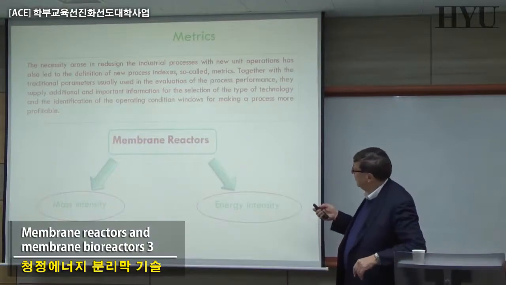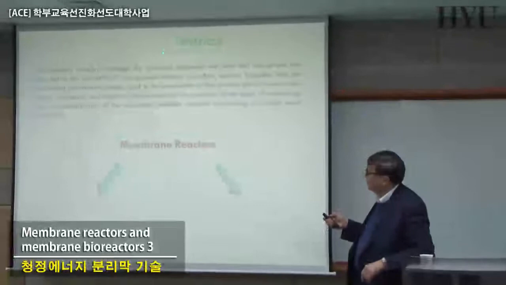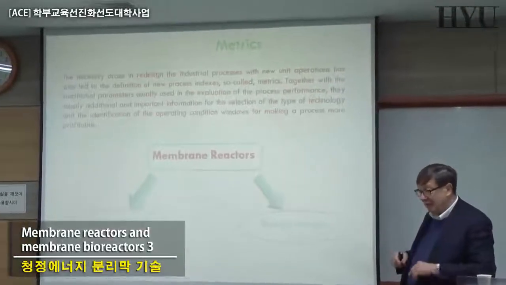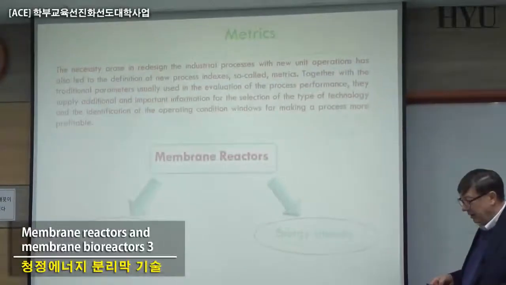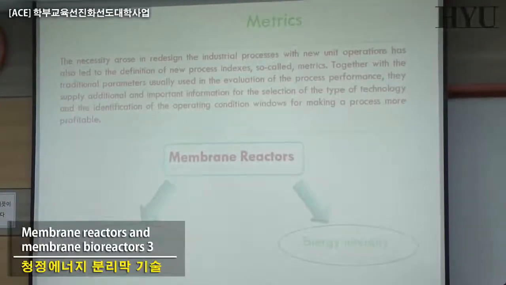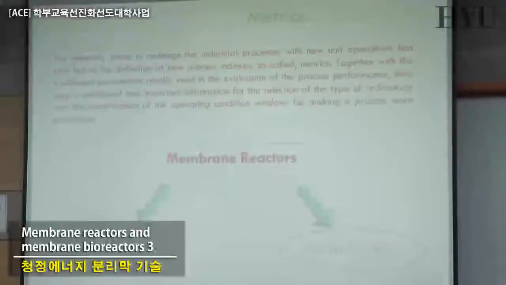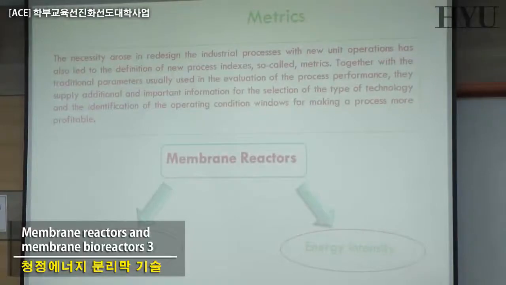The possibility to introduce some new metrics that are more consistent with the principle of process intensification is important. You will not find too much in the literature if you're looking into this kind of aspects, because this is still something that has to be introduced.